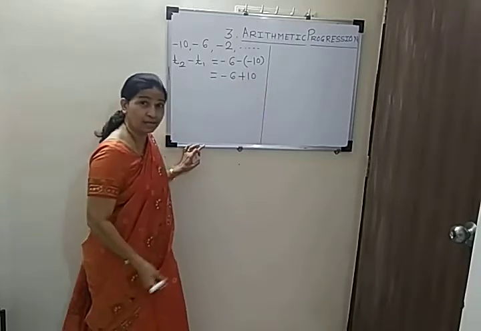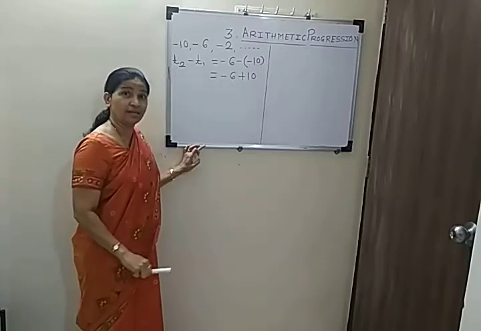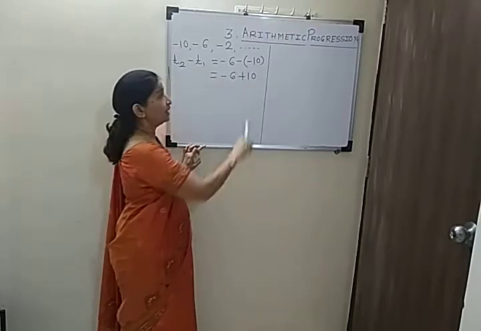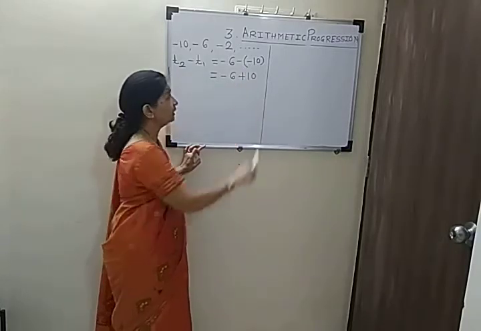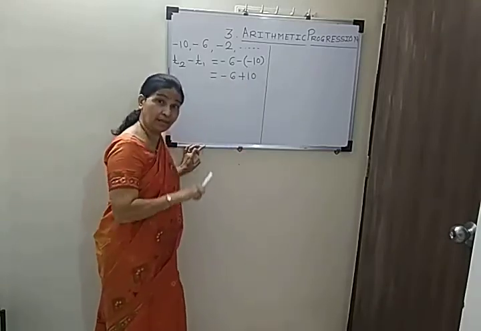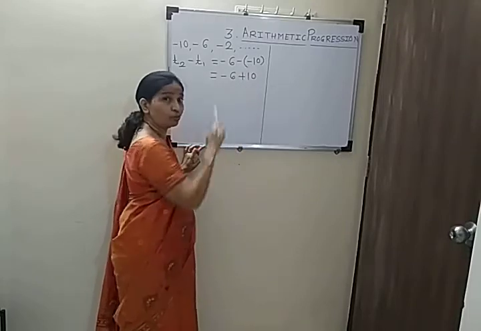Why plus 10? Because when there is a minus sign outside the bracket, that time we have to change the sign of the number which is in the bracket. So I change minus 10 to plus 10.